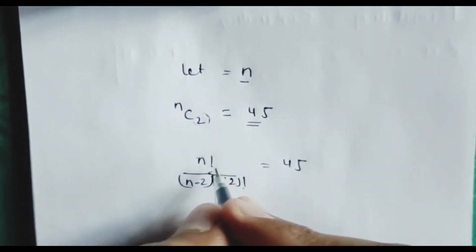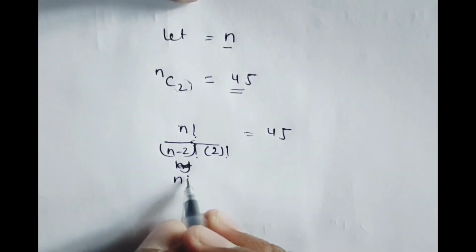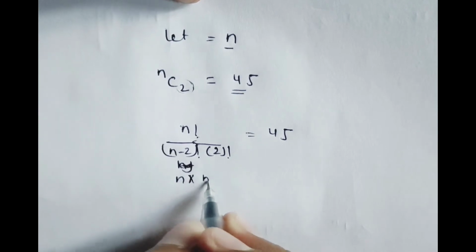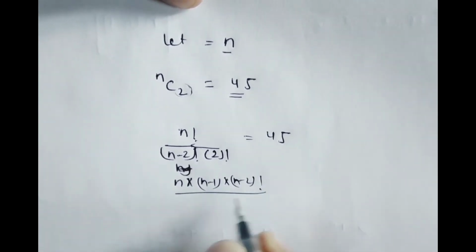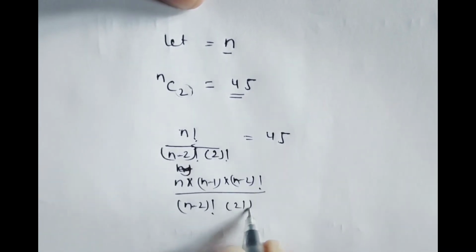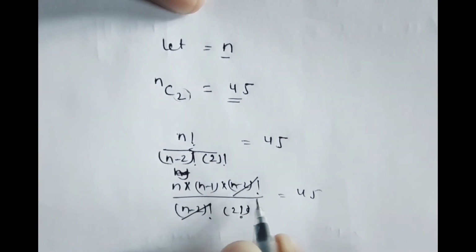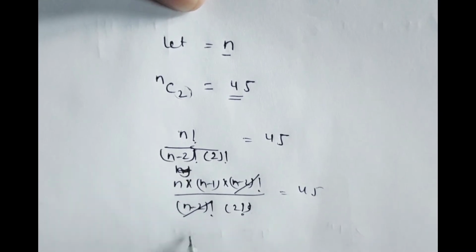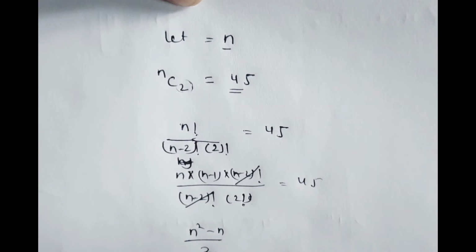So n factorial can be expanded as n into (n minus 1) into (n minus 2) factorial, and in the denominator we have (n minus 2) factorial and 2 factorial. So this gets cancelled, and on the upper side, (n square minus n) upon 2 factorial is equal to 45.